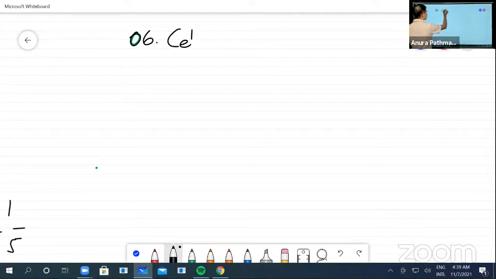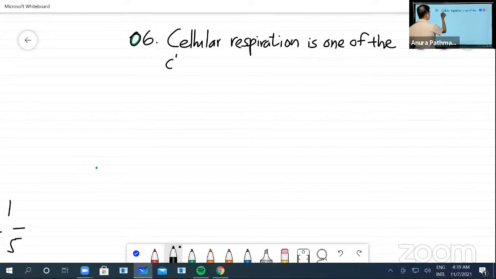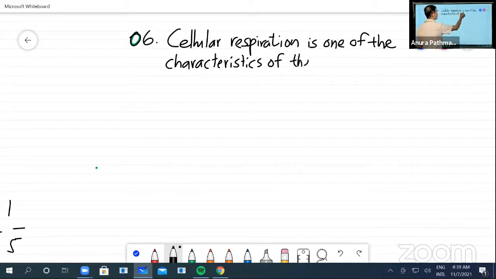Cellular respiration. Cellular respiration is one of the characteristics of the living organism.